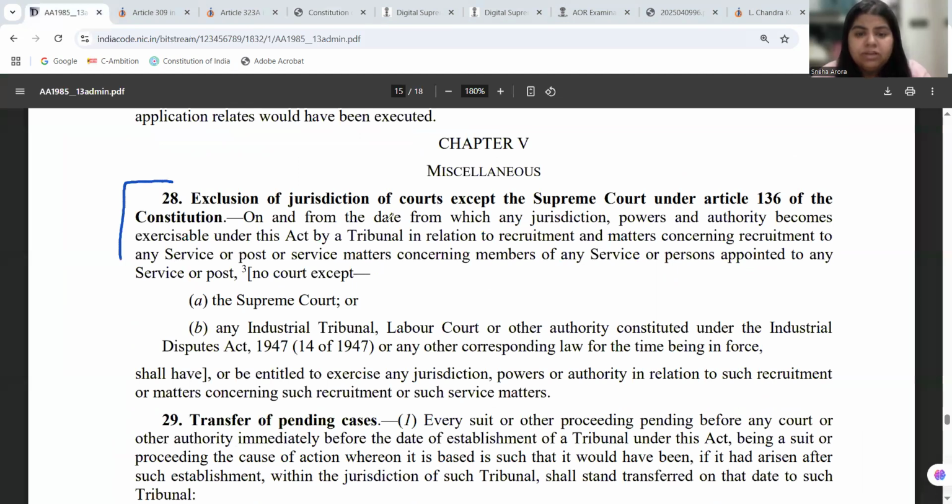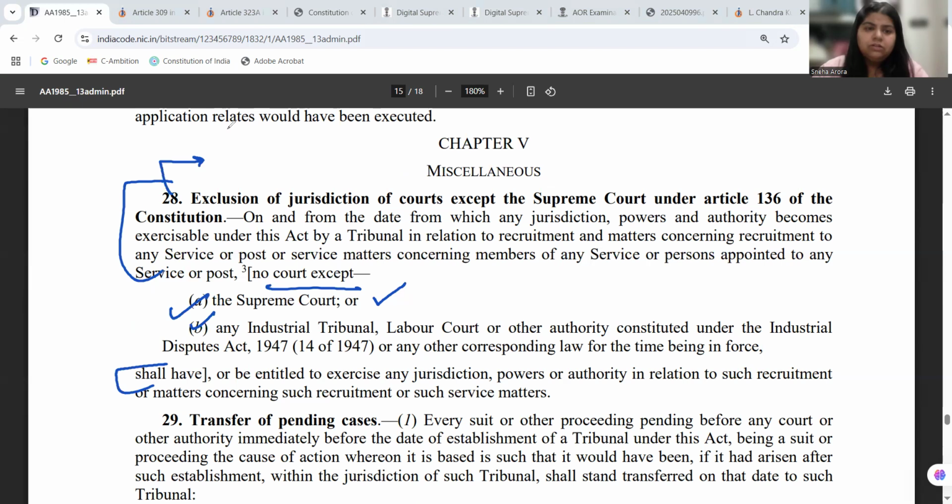Section 28 is saying, on and from the date from which any jurisdiction, powers, and authority becomes exercisable under this Act by a tribunal in relation to recruitment and matters concerning recruitment to any post or service matter concerning members of any services or persons appointed to any service or post, no court except the Supreme Court or any industrial tribunal, labor court, or any other authority constituted under the Industrial Disputes Act 1947 or any other corresponding law for the time being in force shall have or be entitled to have jurisdiction, powers, or authority in relation to such recruitment or matters concerning such recruitments or such service matters.